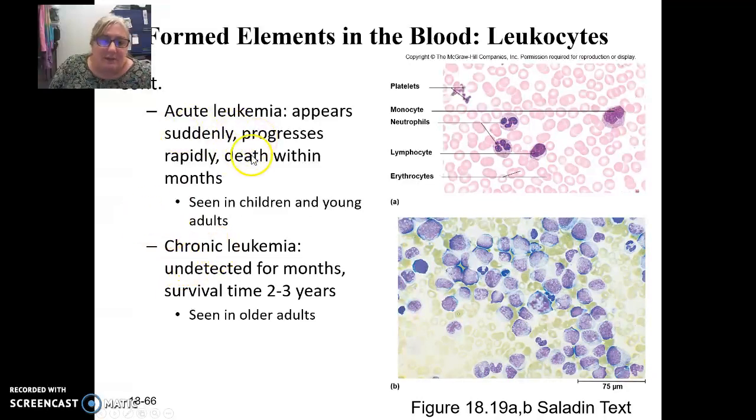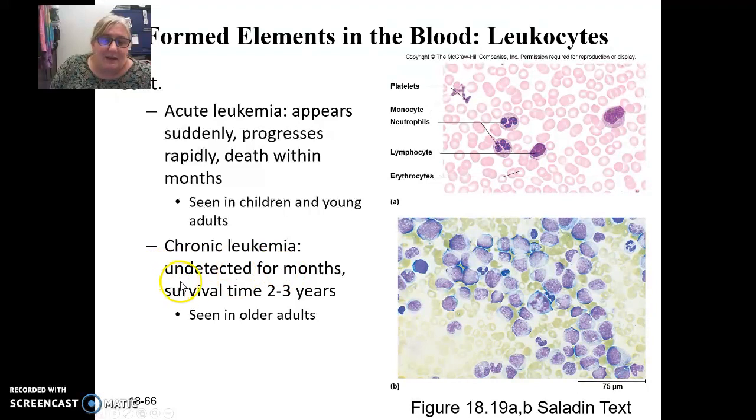In acute leukemias, you see the leukemia appear and progress very rapidly. It can be very deadly, and without treatment, you'll likely die within months. With treatment, you can potentially fight off the infection if you catch it early enough.